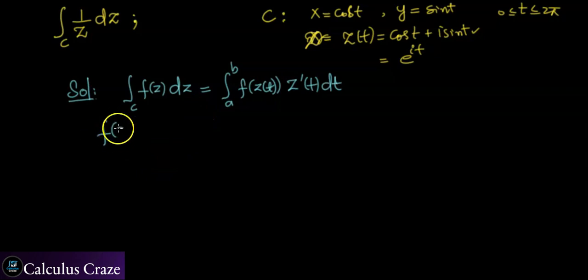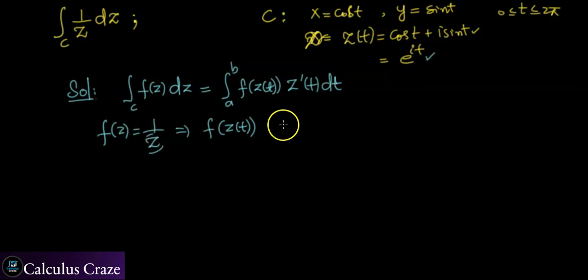So in our case, f of z is 1 by z, and in this way my f of z of t means I will substitute the value of z of t, which is this, over here. So I will get 1 over e to the iota t. In other words, I can write e to the minus iota t, right?